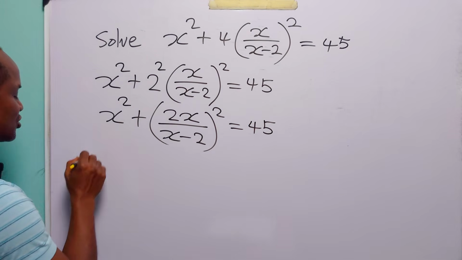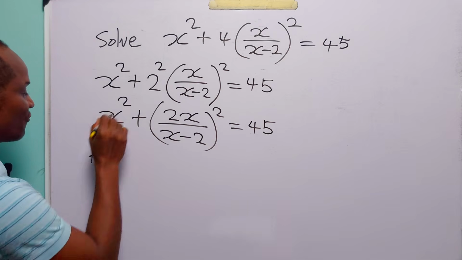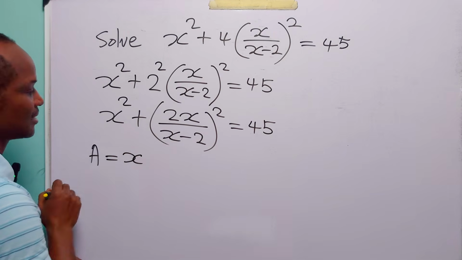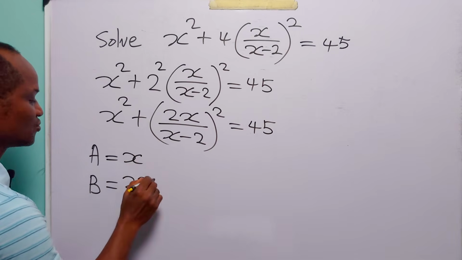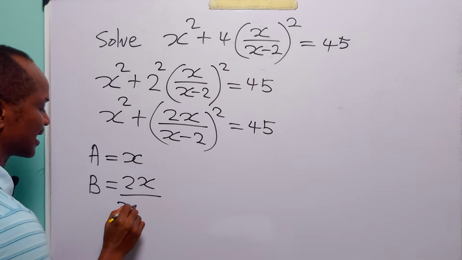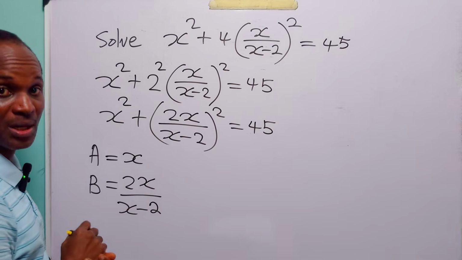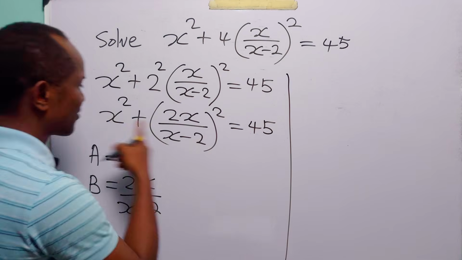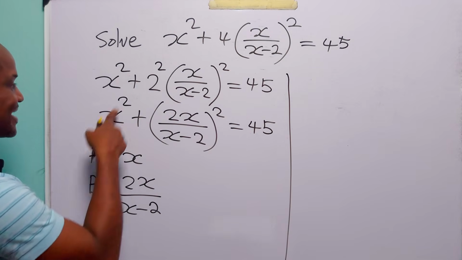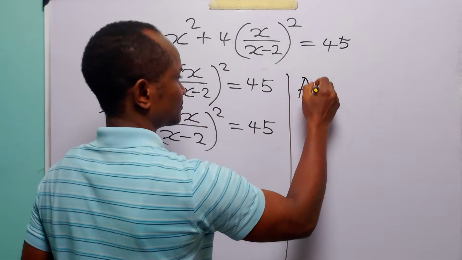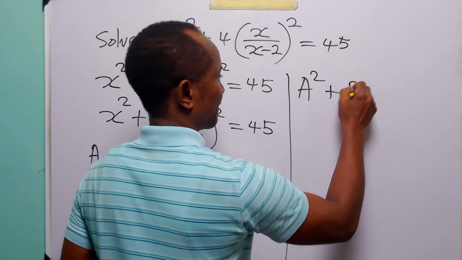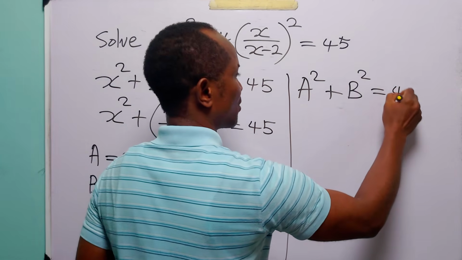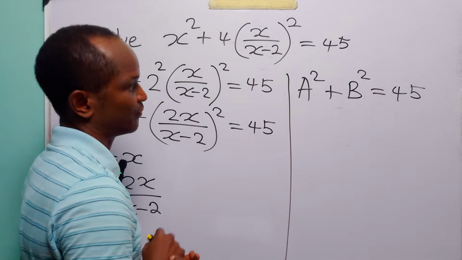Now, if we substitute a for x and substitute b for 2x over x minus 2, then of course you know that we can write this equation as a squared plus b squared is equal to 45.